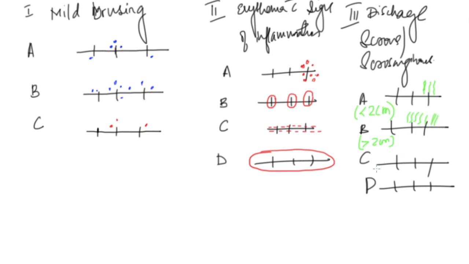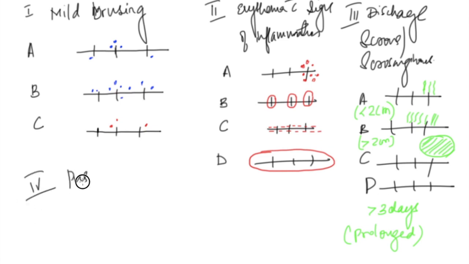And C is when the quantity of the discharge is more, so I'll just show it like this. D is when it is prolonged. It's coming for more than 3 days. Here we're taking the duration and not the quantity. It's prolonged discharge. Let's move to grade 4.